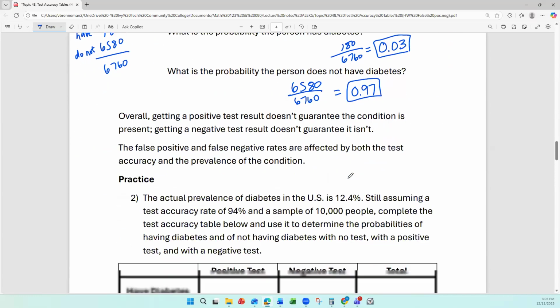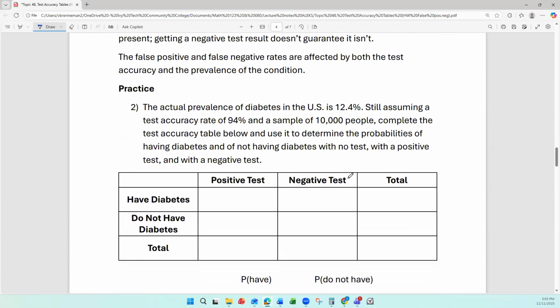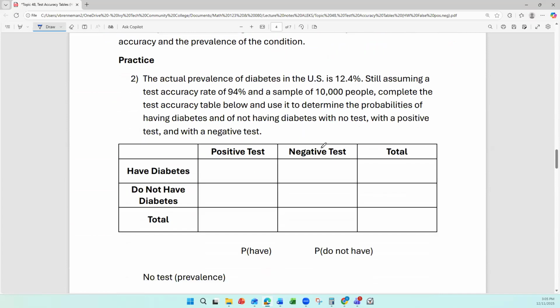All right. The test accuracy affects the false positive and false negative rates. So does the prevalence. So let's look at what happens if we go from a 30% prevalence to a lower prevalence, the actual 12.4% in the US for diabetes. We're still going to use 10,000 people to start with.